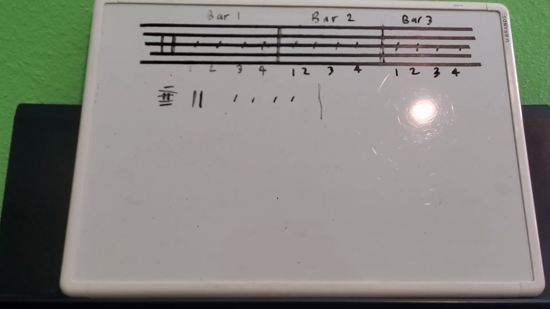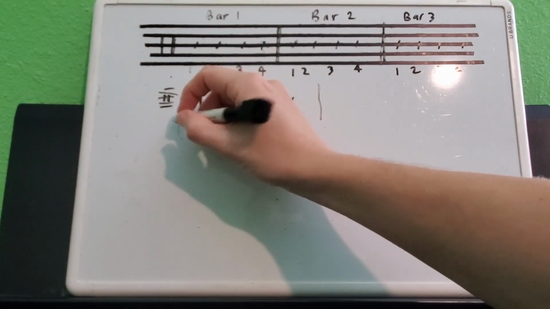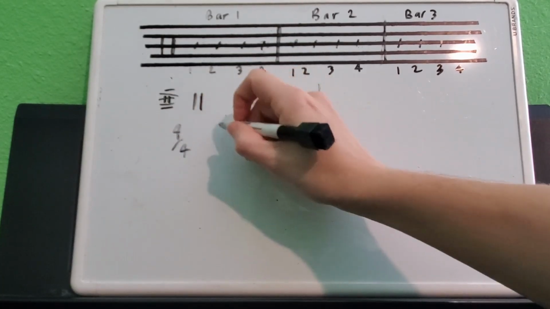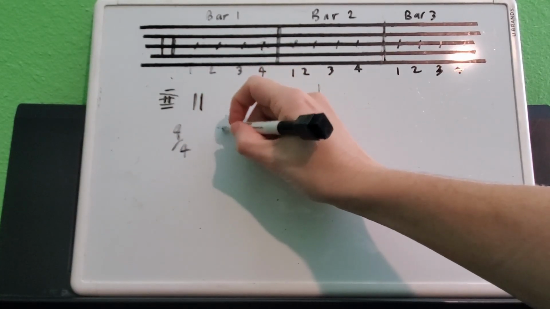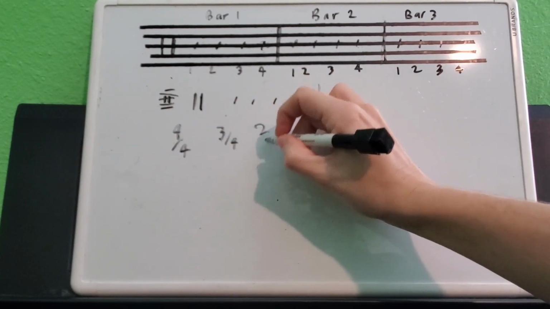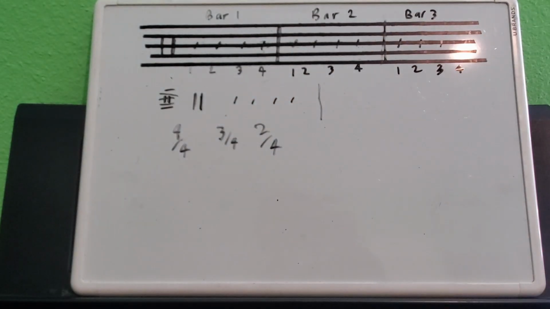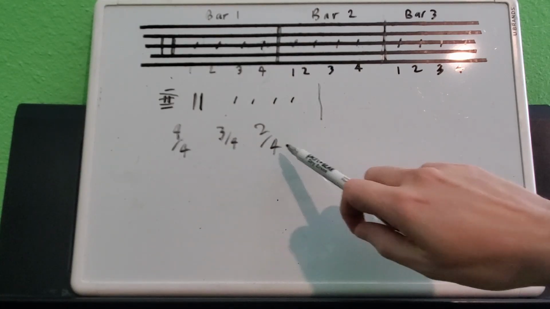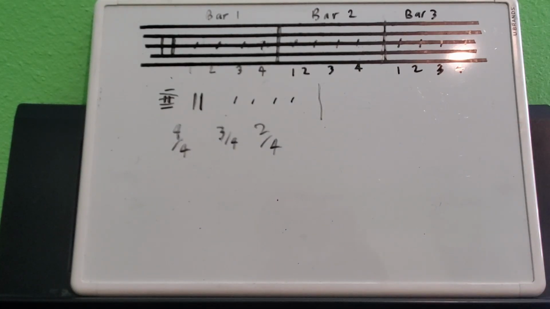So some common time signatures you might see are going to be 4/4 or 3/4 or 2/4. Now there are others, but for the purposes of this lesson, I'm just going to give a few. It really doesn't matter right now what the bottom number is. I'm going to be explaining that later.